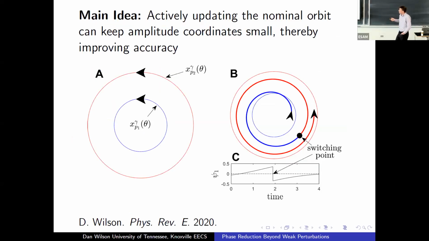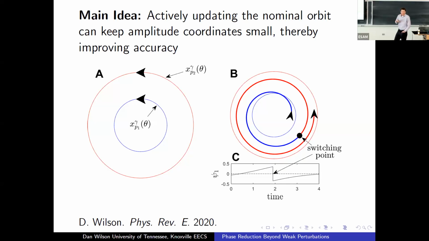And so one, again, cartoon of this is saying, well, okay, suppose I have two periodic orbits, one blue and one red. If I start off at initial condition very close to that blue periodic orbit, again, I could do my phase reduction and get a good approximation. But as I start to get further and further from that blue orbit, I'm going to have a worse and worse approximation. But perhaps I'm getting closer and closer to the red orbit.